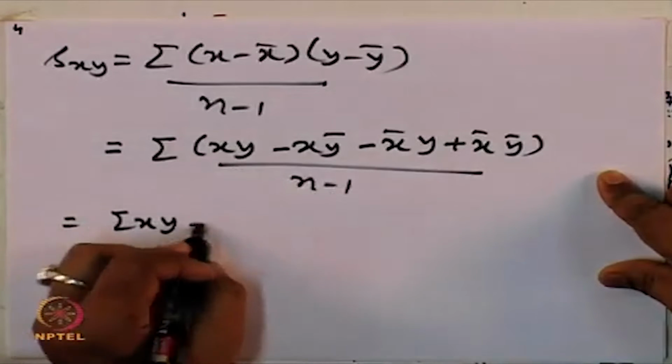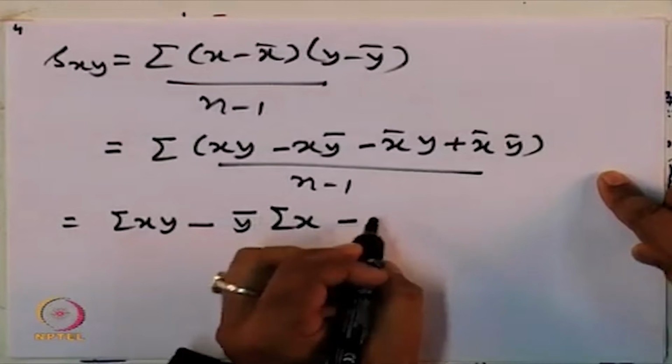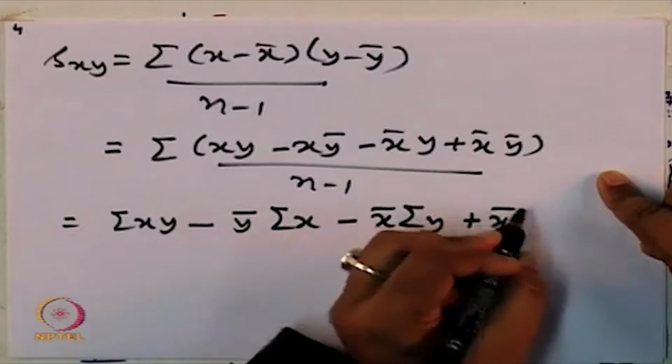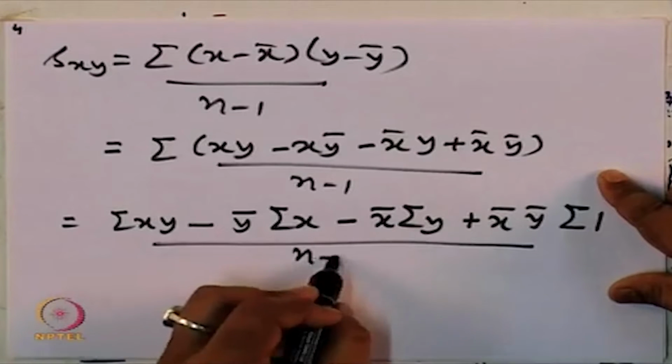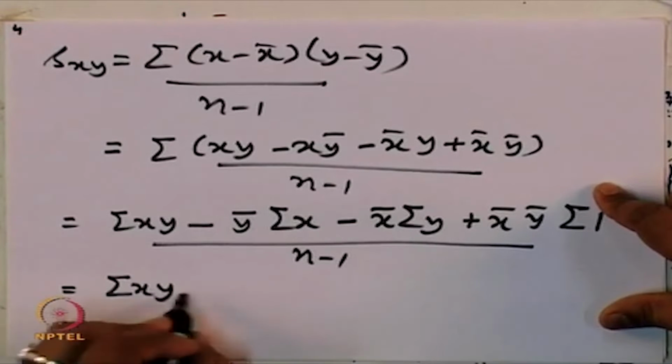Summation xy minus, I can take y bar out, summation x minus, I can take x bar out, summation y plus x bar y bar summation 1 whole by n minus 1. Okay. So, this I can write as summation xy.